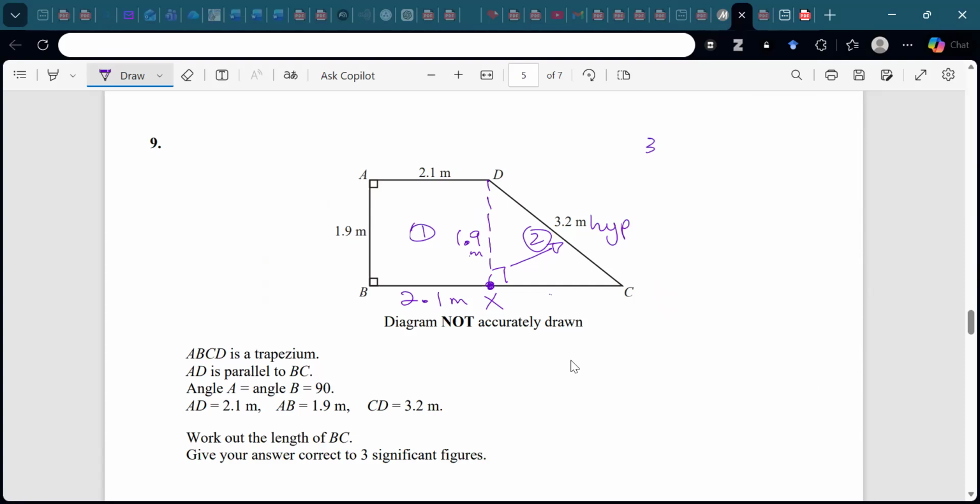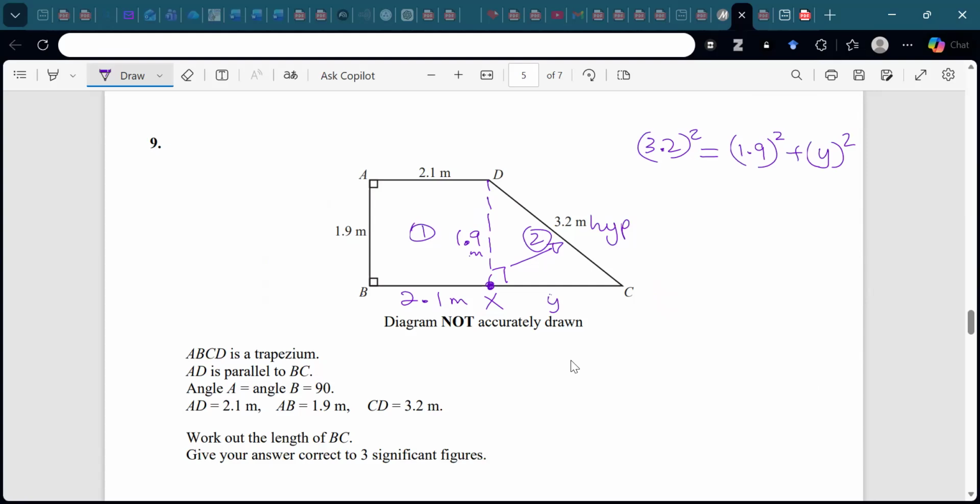So if we have 3.2 squared, which is the hypotenuse, it is going to be equal to 1.9 squared, which is DX. And the side that we want to find right now, if we call it y for now, which is from X to C, is going to be y squared.